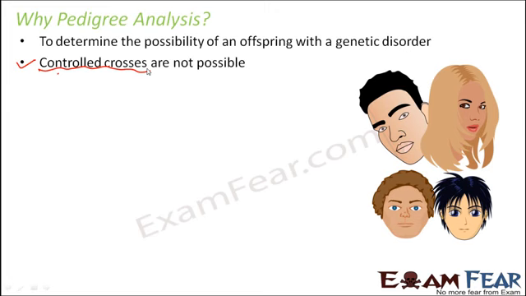We cannot deliberately breed two individuals to produce an offspring, and we cannot choose desirable genetic characters to be crossed just for experimentation purposes. So controlled crosses are a little difficult. For that reason also we have pedigree analysis, so that we can prepare an analysis chart and forecast the possibility of inheritance of traits to the next generation.